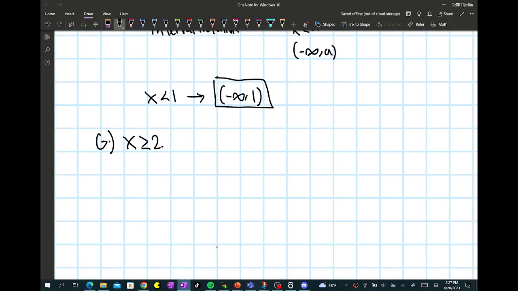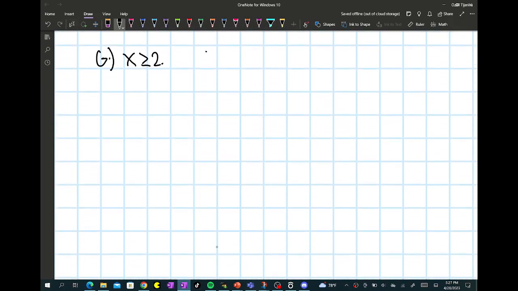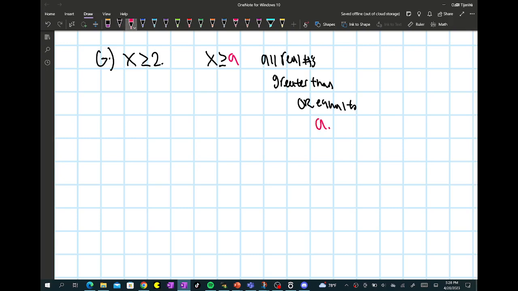And like I said, when I have x greater than or equal to a number a, this tells me that I want all real numbers greater than or equal to a, right?